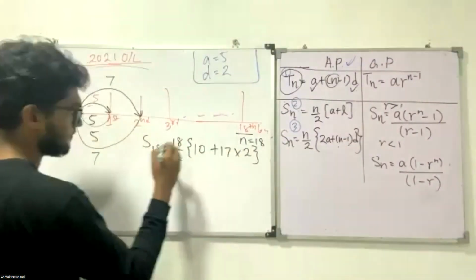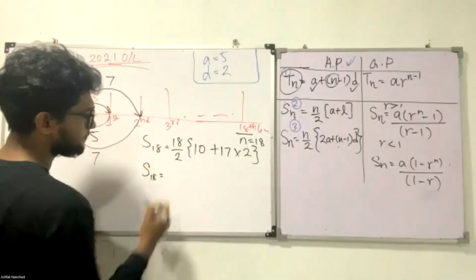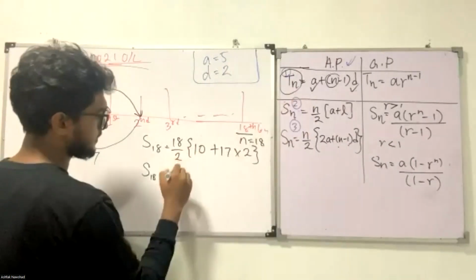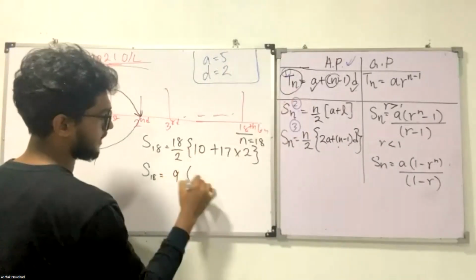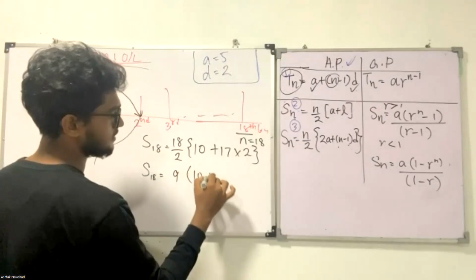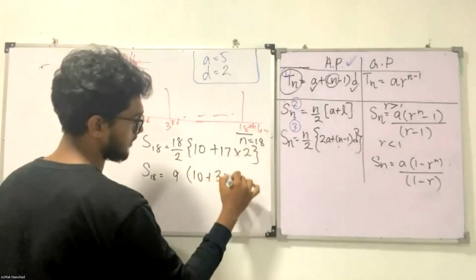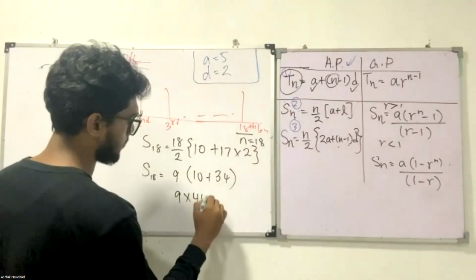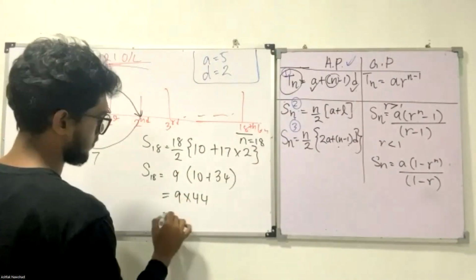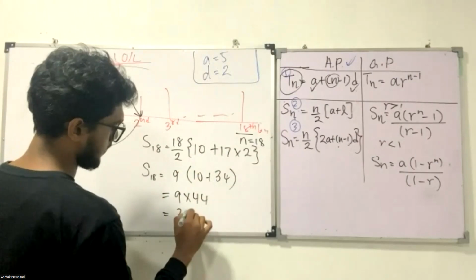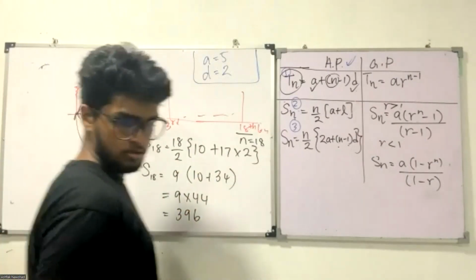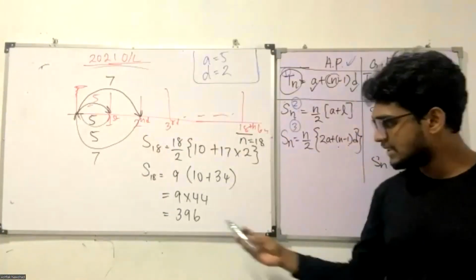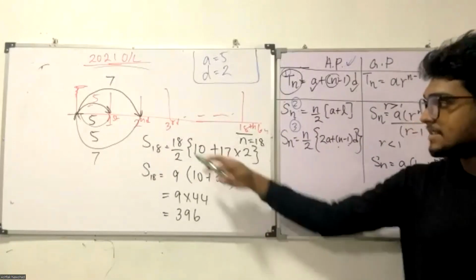Now, let's simplify. S18: 18 over 2 is 9. 9 times 10 plus 17 into 2 is 34. So 9 times 44. What's 9 times 44? 396. No, this isn't the answer. This is Sn.